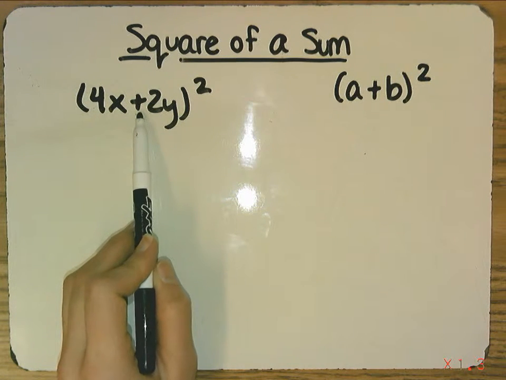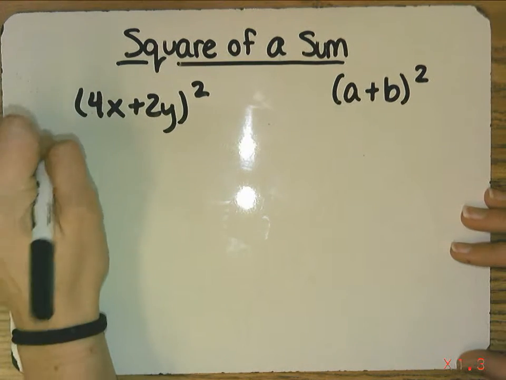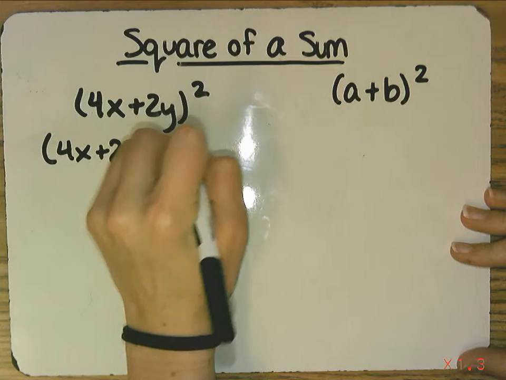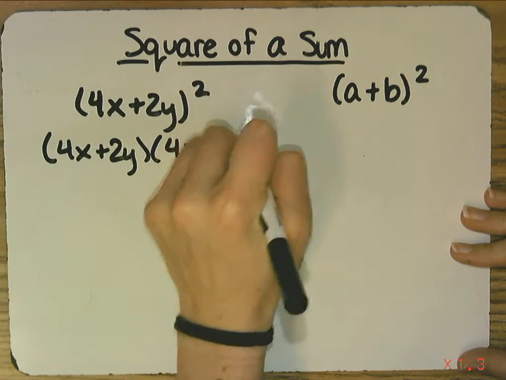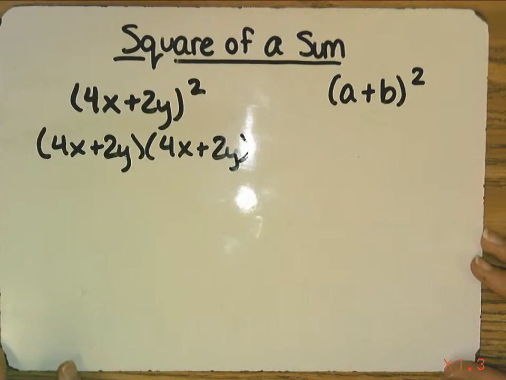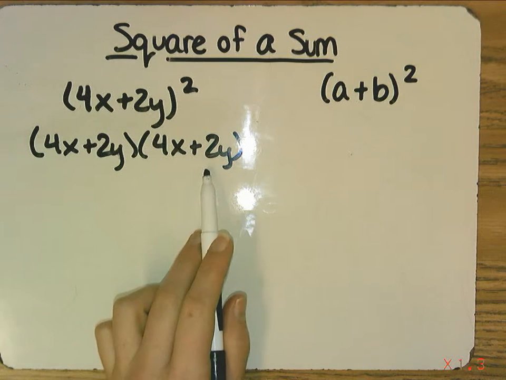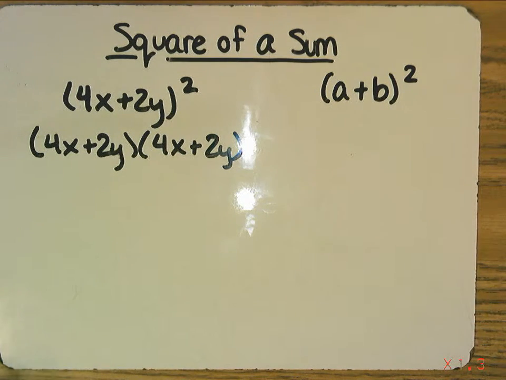So it's important to remember that this is the same as 4x + 2y times itself. That's what squaring means. So right now, we know that we could multiply these two binomials using our FOIL method or our box method.